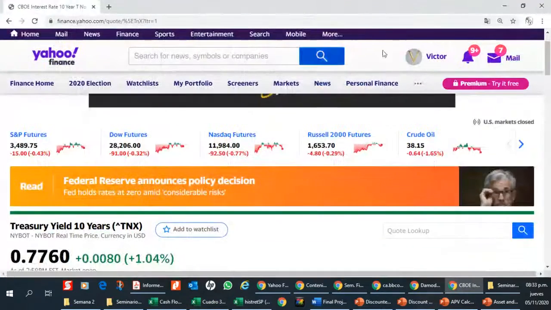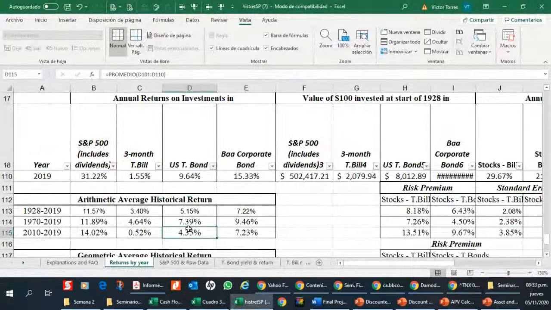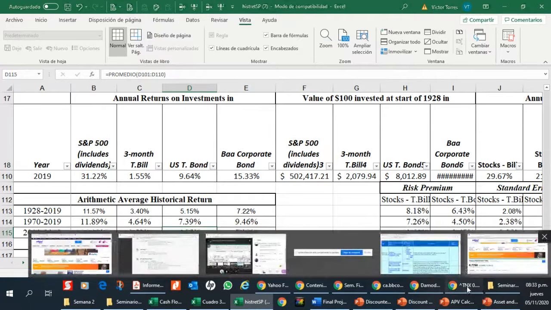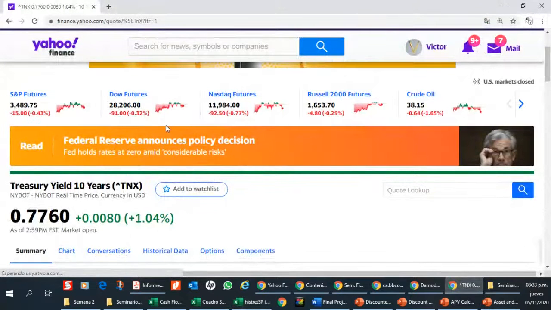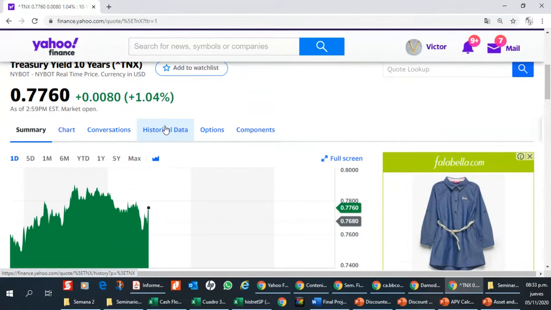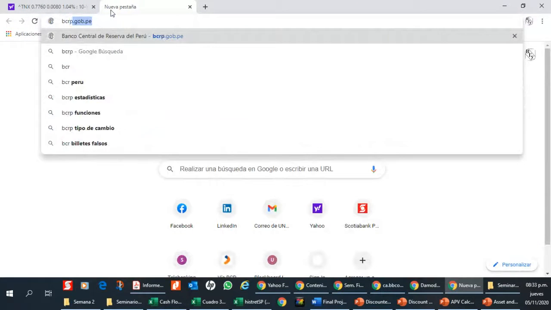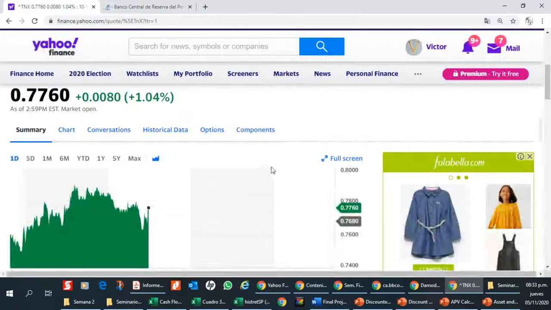So if we want to get the risk-free rate, this is the historical data for the 10-year T-bond, and we would like to have the actual market data. I'm going to use Yahoo Finance, but you're going to get the same information in Bloomberg, in Reuters, and even in the central bank. The central bank actually has that statistic.